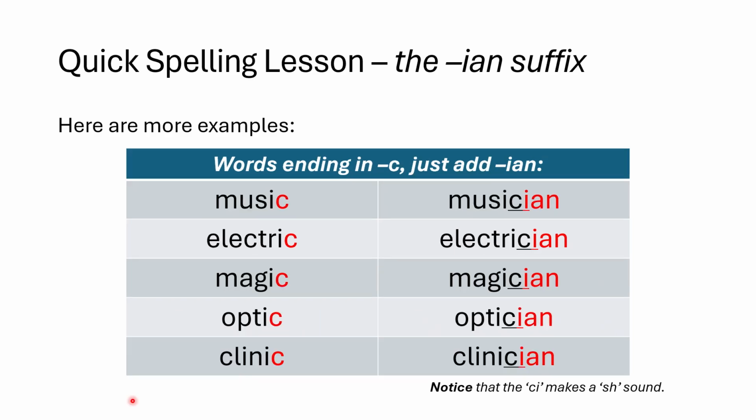When a word ends in C, just add IAN. I will read these words. I will pause. When I pause, you say the words.